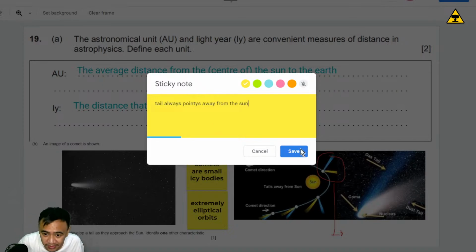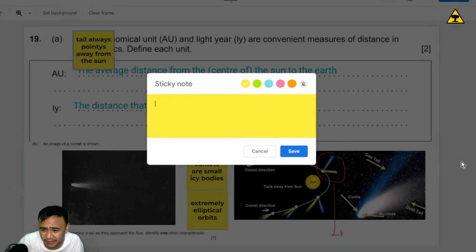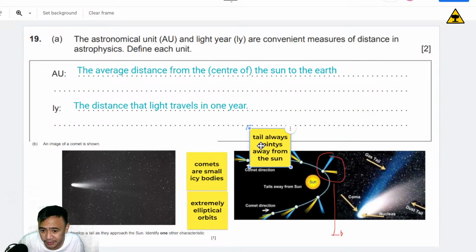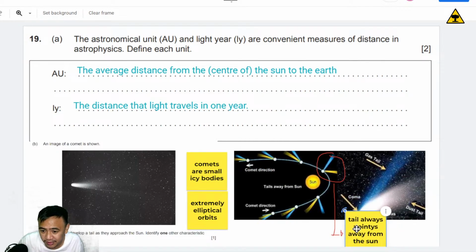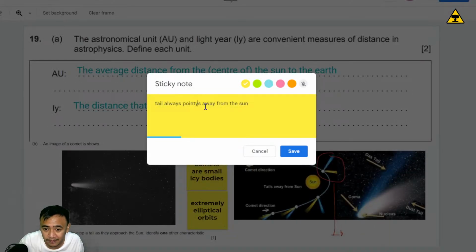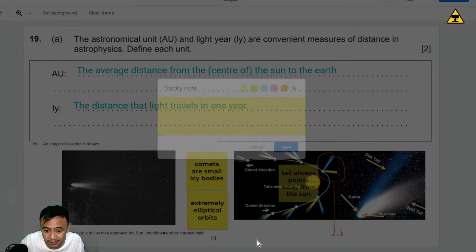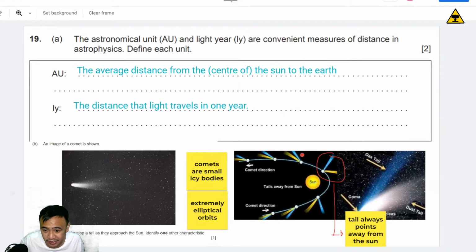The reason here is it's a bit of radiation pressure, but mostly it's about what's called solar wind. Basically the sun is projecting all these particles in a manner similar to wind, and that wind is always pointed away from the sun. This wind is very similar to how we understand wind here on Earth.